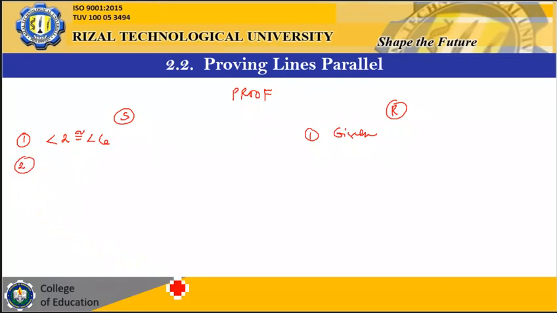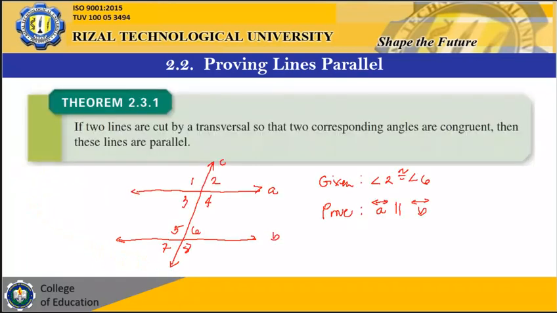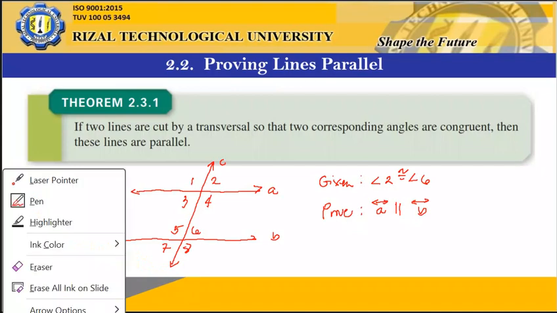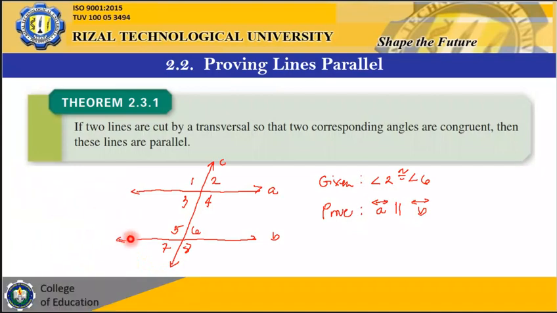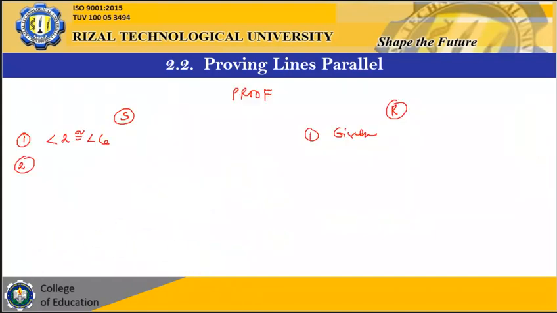What information can we obtain from our figure? We can see that angle 2 is congruent to angle 3 because they are vertical angles. So let's write that: angle 2 is congruent to angle 3, and the reason is the vertical angles theorem.